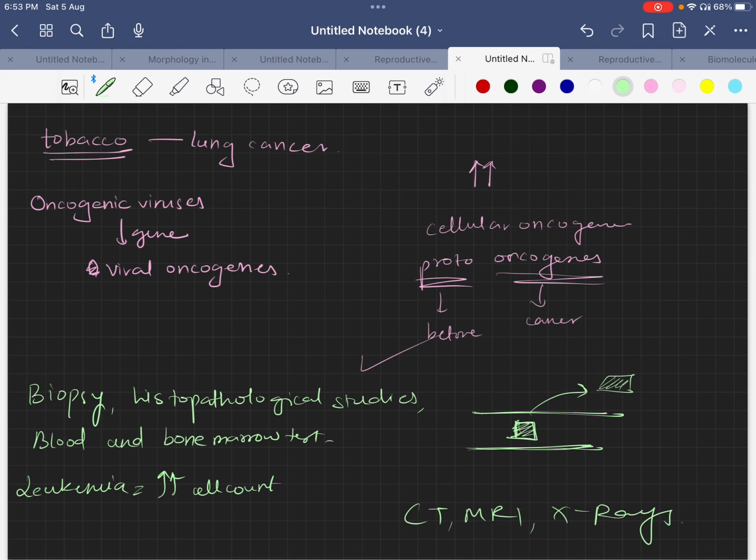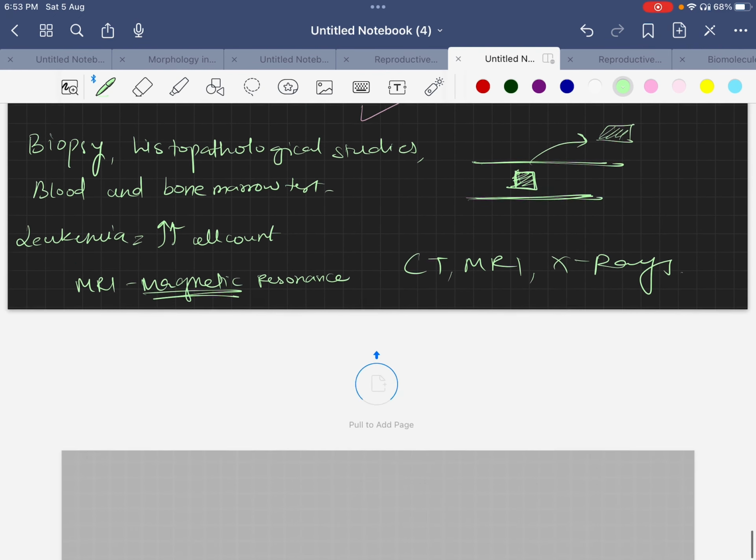MRI, magnetic resonance imaging, uses strong magnetic fields to accurately detect pathological and physiological changes in living tissue.